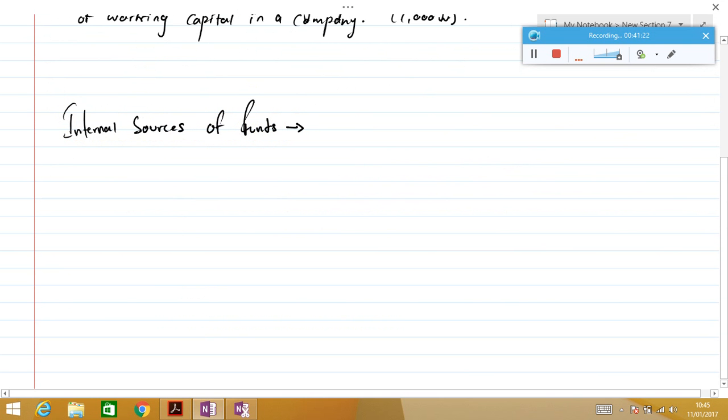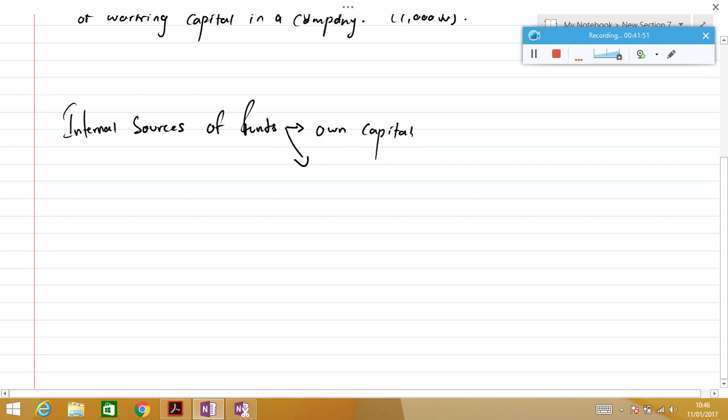Internal means from your own company. For example, in a normal business, internally means your own. Maybe your own pocket money. That can be internal. Yes, own capital. Own pocket money is your own capital. Internal. What else?